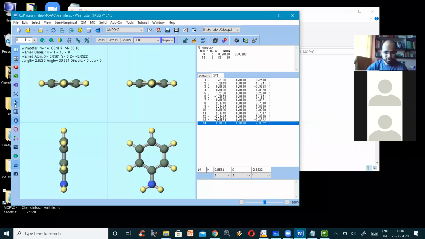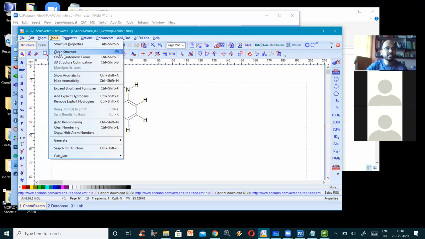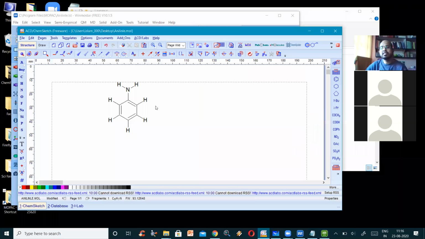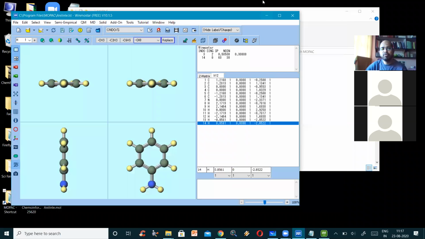So this is the most useful part of this particular WinMoStar software. How we have seen, starting from a particular analysis. After you draw, you look at the templates and clean the structure. Cleaning the structure means it has a database of nitrogen, hydrogen, and carbon bond lengths. It will impose that and clean the structure. We saved this molecule in mol format.